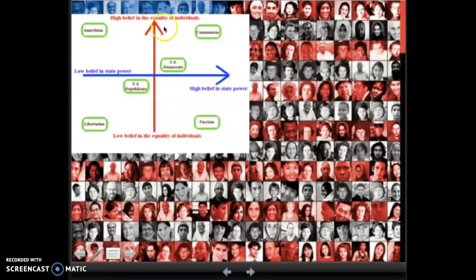And then on this axis, from low belief in state power or authority of the government to high belief in state power or authority of the government. So anarchists and libertarians really do want to see a situation where the government isn't really doing much and that the government's role is very minimal, period. U.S. Republicans believe that the government shouldn't be involved in economic decisions, and their role is low in that regard.